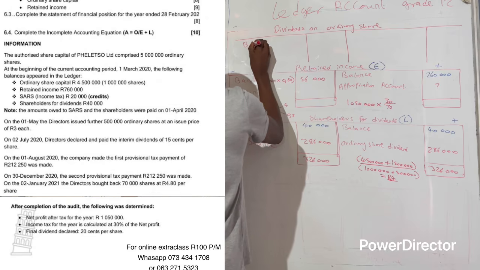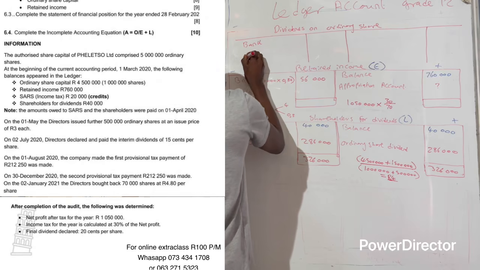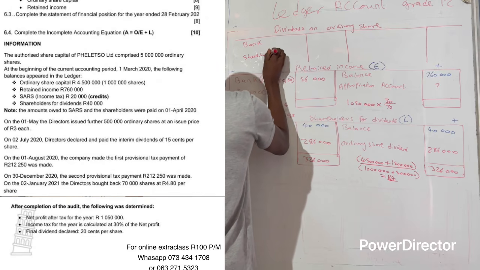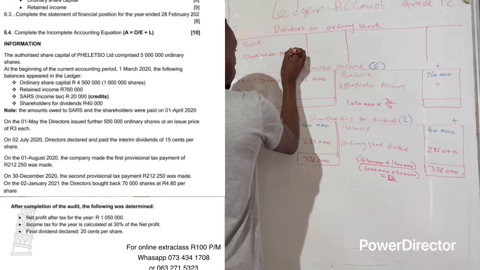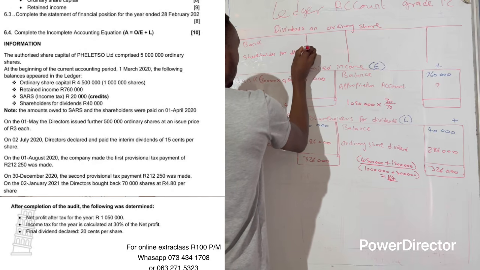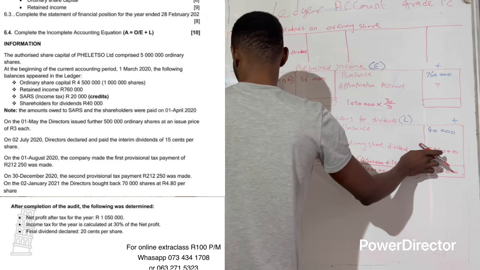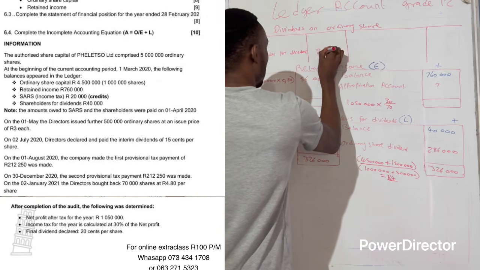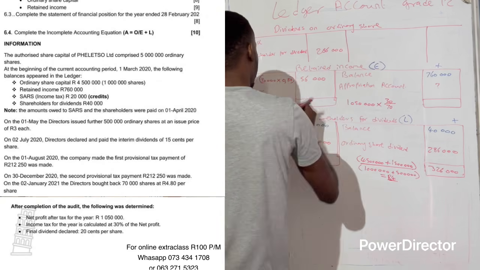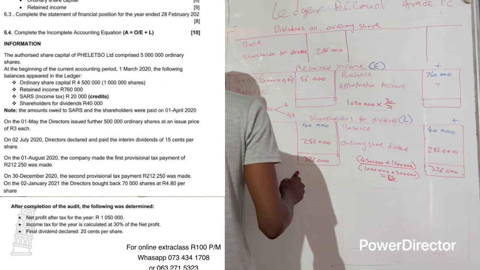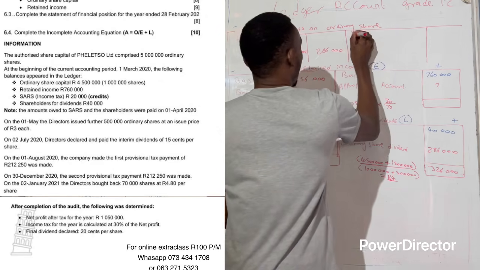We have a bank, we have a shareholder for dividends, which is this one, 286,000. You just copy it there, and after that we have the appropriation account.